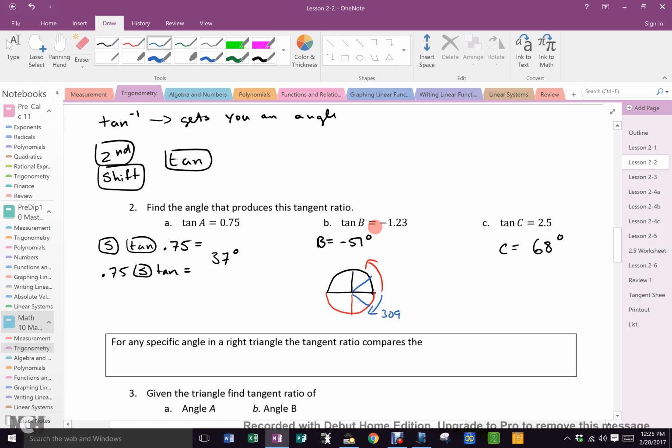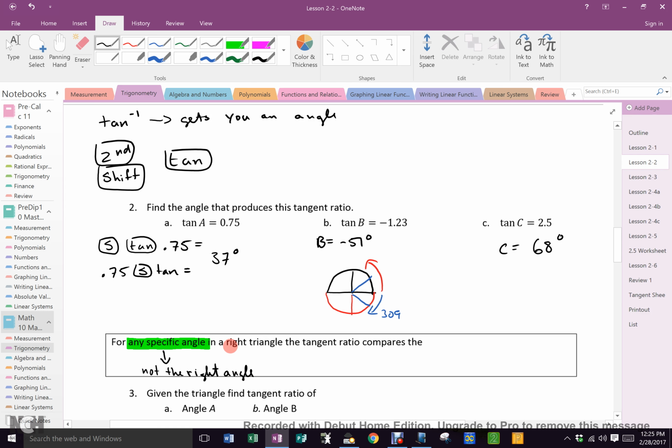Okay, now this next thing is the most important thing today, and it requires you to understand something. For any specific angle, and I mean not the right angle, it's the other two angles.